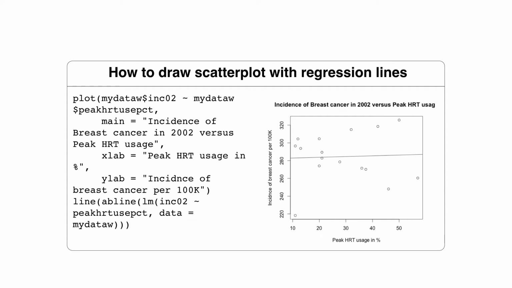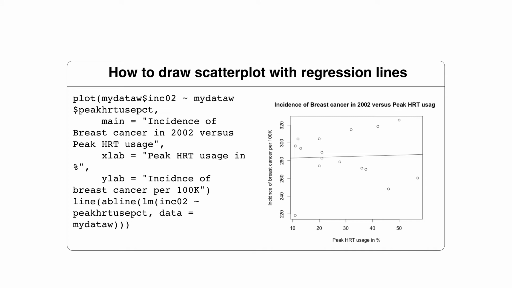And then you can use the line function in order to put the regression line. But note, in order to put a regression line, you will have to tell R that you are going to run a regression, where you regress the incidence rates for 2002 on the peak HRT use percentage.